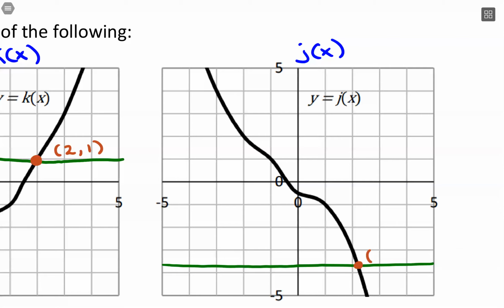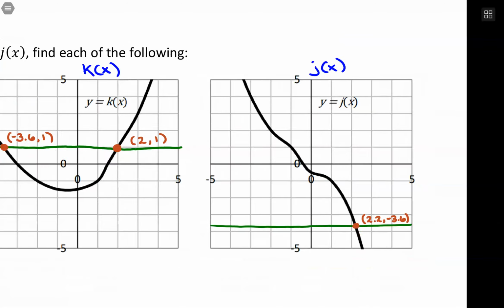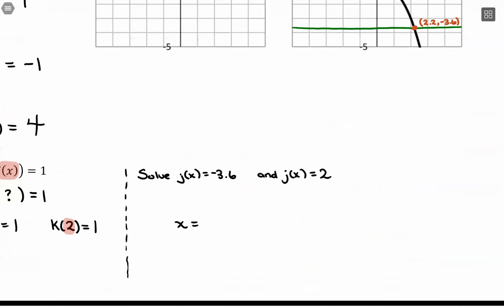If this was a question on a written assignment or an exam, I would have a window of error. It's obviously not x equals 3, or exactly x equals 2. But if you did 2.1 instead of 2.2, that's totally fine. So x is 2.2, and that gives us this output of negative 3.6. That gives us one value for x.